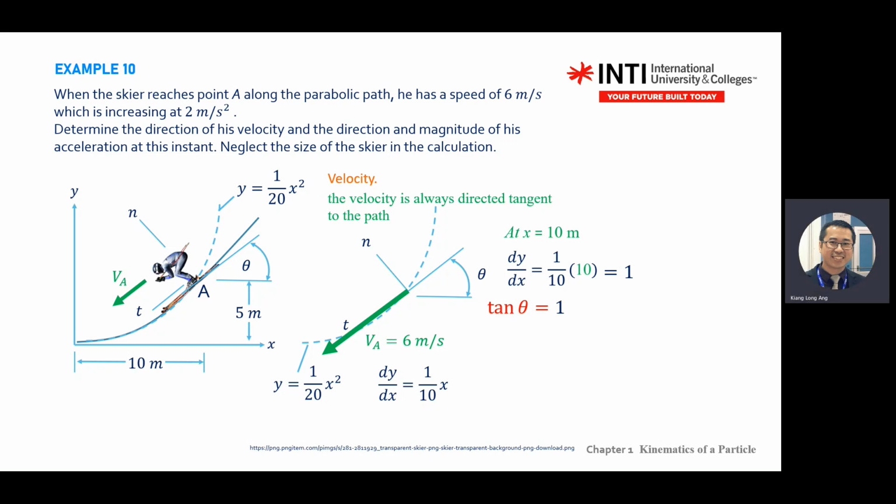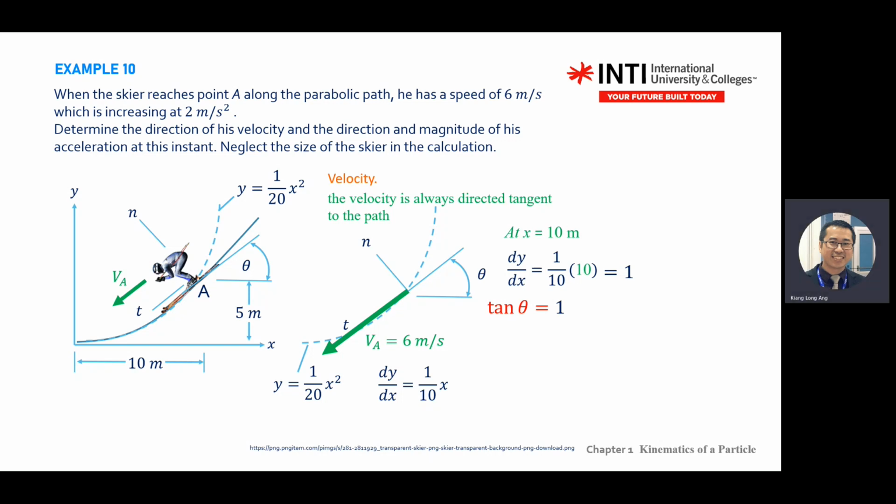Then, what is dy dx? It actually is a tangent. Can you see why it is a tangent, Nico? Why suddenly on the screen here can I represent dy dx equal to tan theta? What is the gradient?